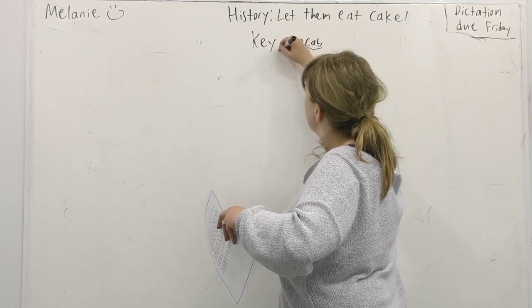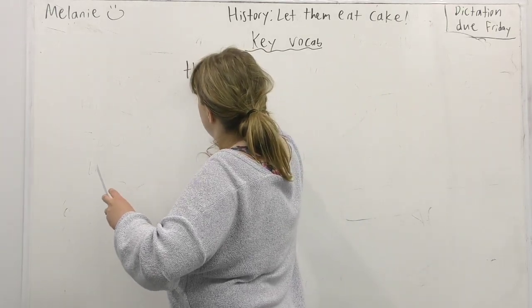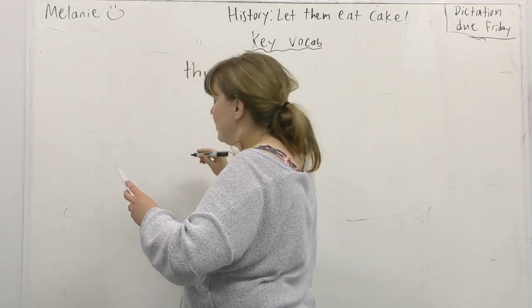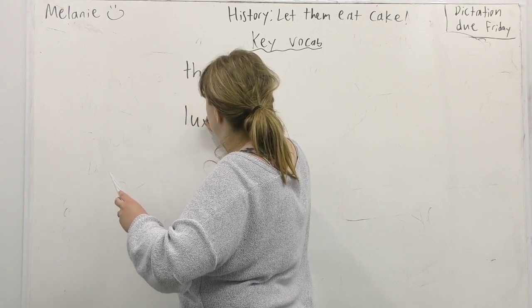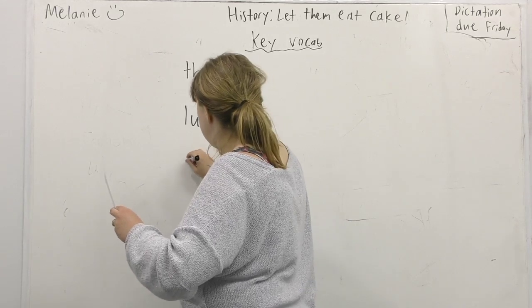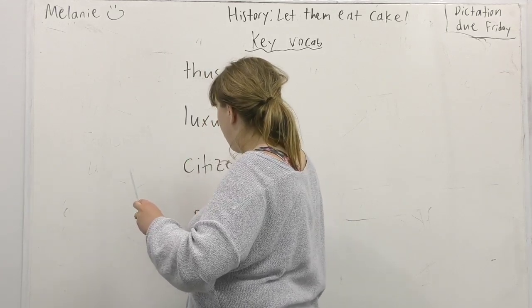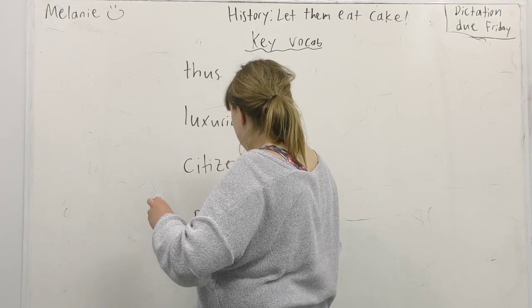Key vocab. Okay. So, let's see, we have thus. We have luxurious. And we have citizens, and we have poverty.